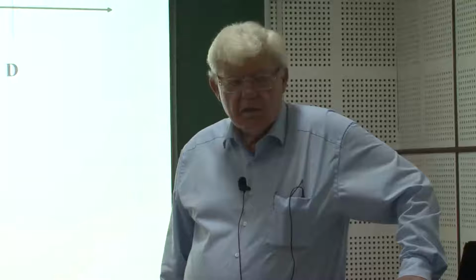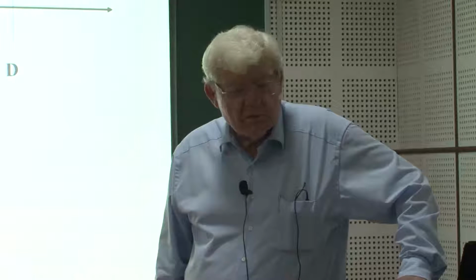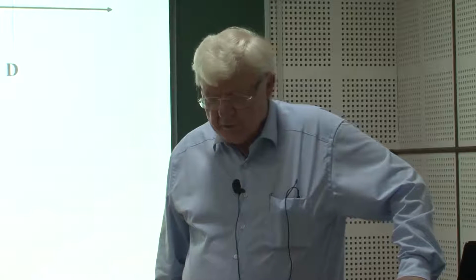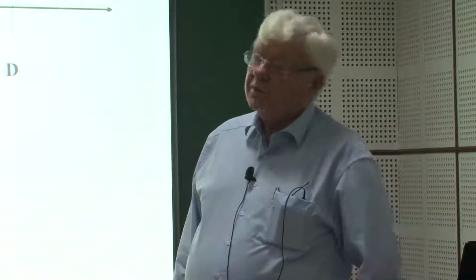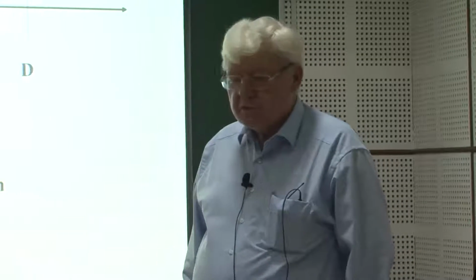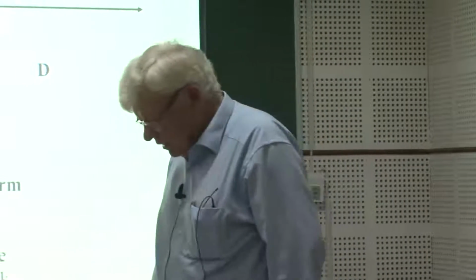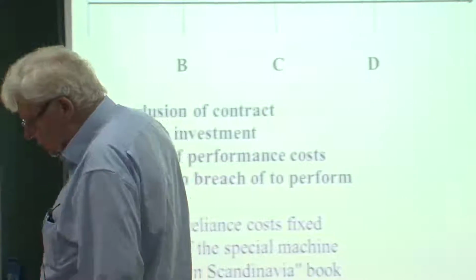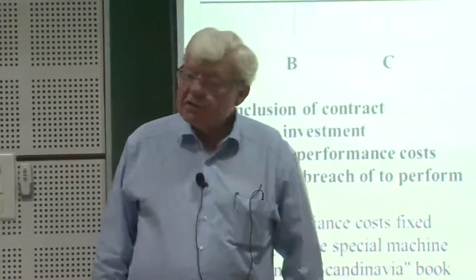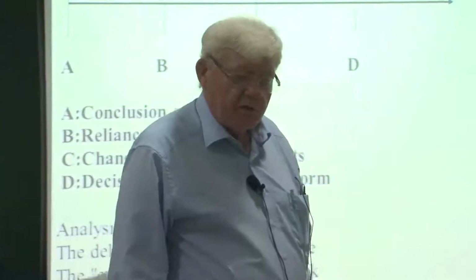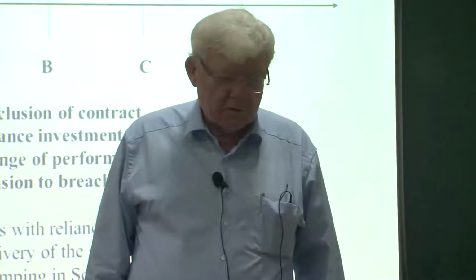The expectation damages include the full profit. The second rule would be the reliance damages. The reliance damages are those damages which cover the investment which somebody has made by trusting in a contract. That would only be the solid cement construction, right?